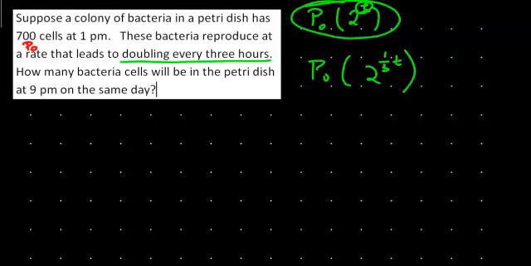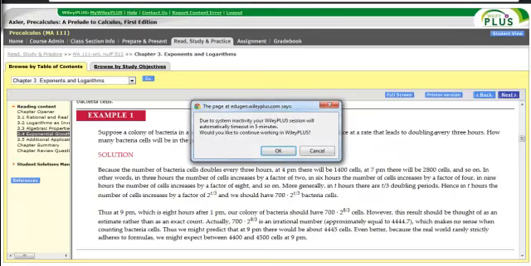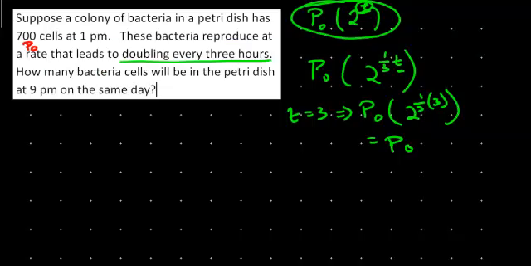That is, when t equals 3, p naught times 2 to the 1/3 times 3, which equals p naught times 2 to the 1, and we see that that's going to make it double in 3 hours.